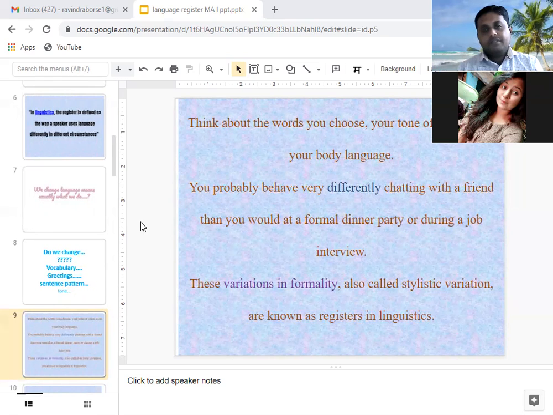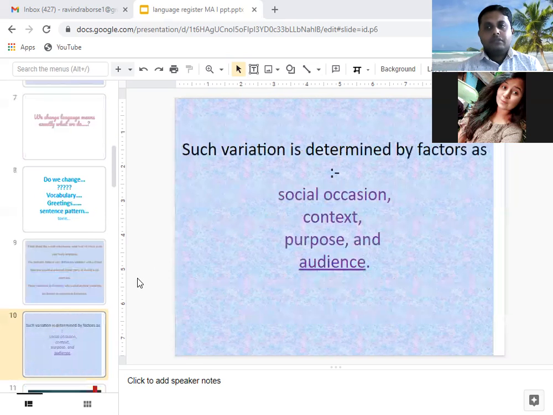If we are in the company of a lover or beloved, our body language is totally changed. But in a temple, mosque, or church, our body language is completely changed. Same is the case with language. Our tone is changed. Our words are changed. Our vocabulary is also changed. Isn't it? So the variation in the language gives birth to one part, that is register.